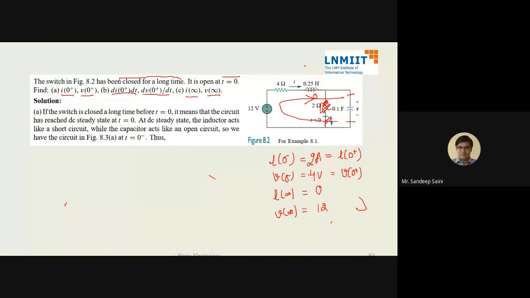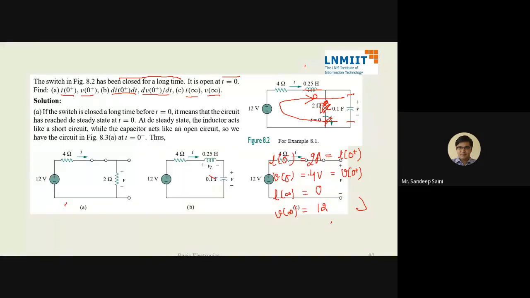Okay, let us see. These are the things which we have initially, and I got the initial values: I of 0 minus, I of 0 plus, V of 0 minus, V of 0 plus.